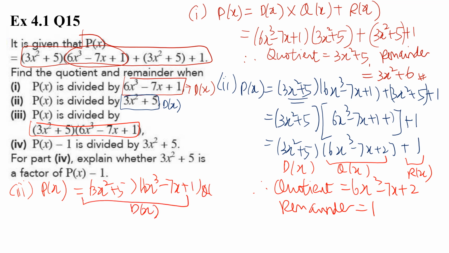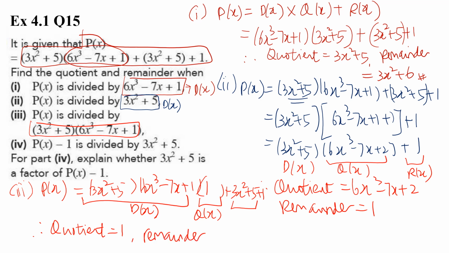So your q of x will have to be 1, because quotient times your divisor, then plus a remainder. So your remainder will still remain as 3x squared plus 5 plus 1. So from there, therefore, your quotient is equals to 1. Then your remainder is equals to 3x squared plus 6.